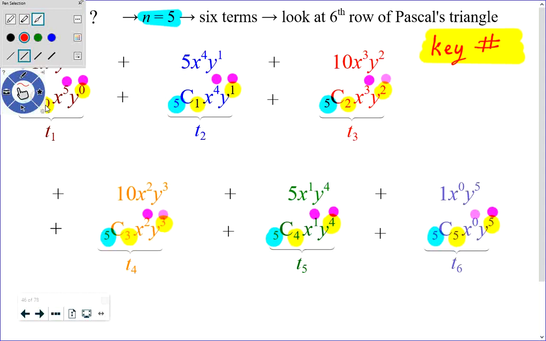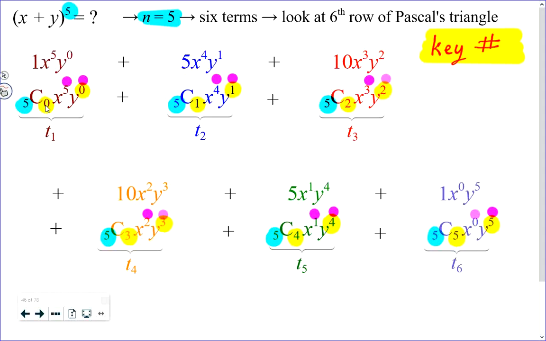And what is important is the key number is one less than the term number. This is absolutely fundamental before we go on.